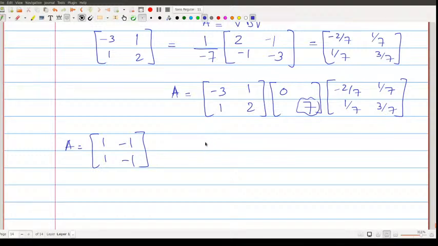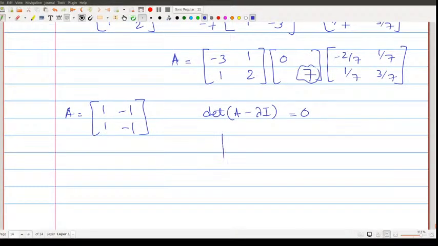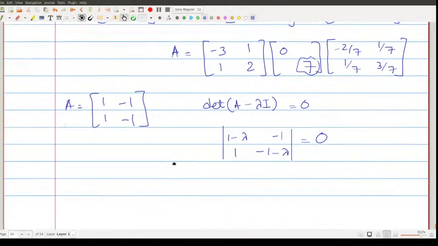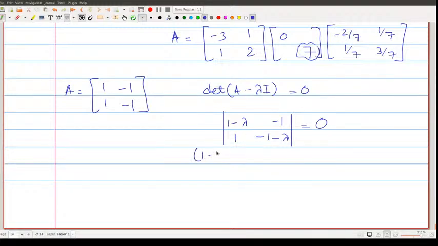For the eigenvalues, we take the determinant of A minus lambda I equal to 0, which means 1 minus lambda, 1, minus 1, minus 1 minus lambda. This determinant should be equal to 0.